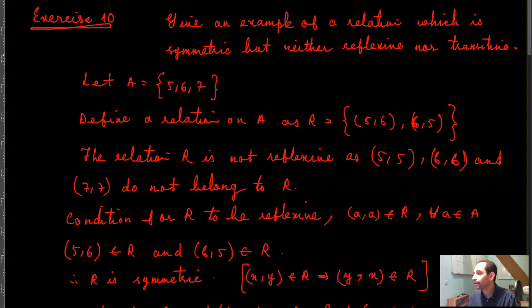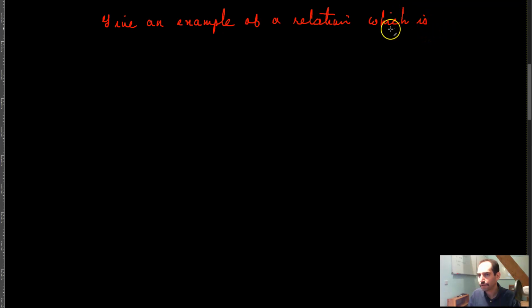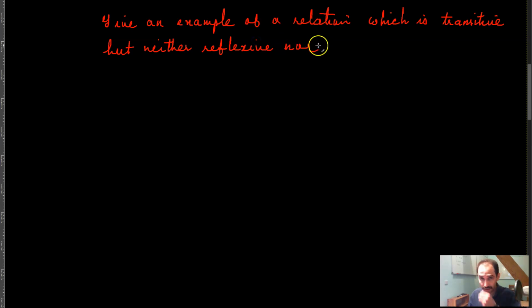Another question, the second part of this question, is that you want to give an example of a relation which is transitive but neither reflexive nor symmetric.